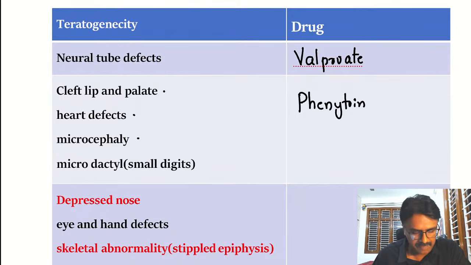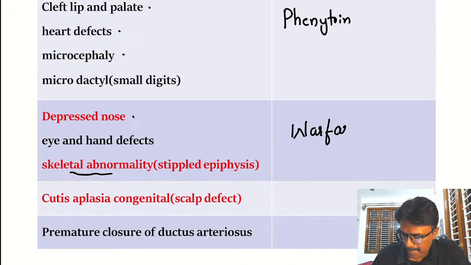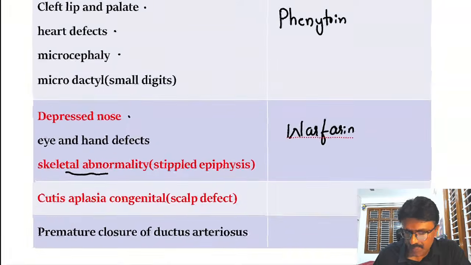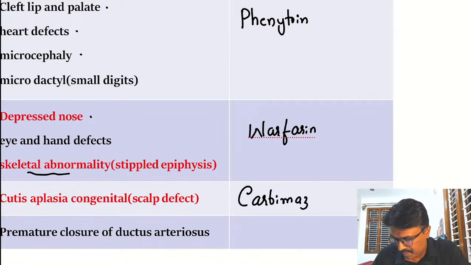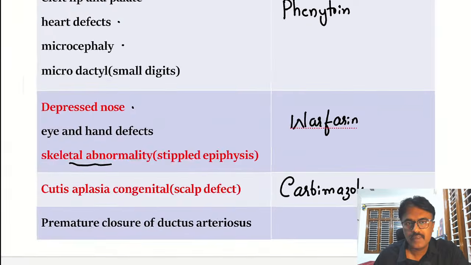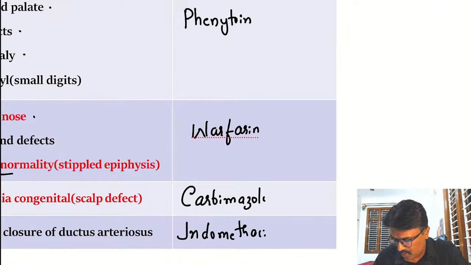Depressed nose and skeletal abnormality: the drug is warfarin. Cutis aplasia and skull defect, as I just told you, are from carbimazole or methimazole. Premature closure of the ductus arteriosus occurs if you use indomethacin or NSAIDs.